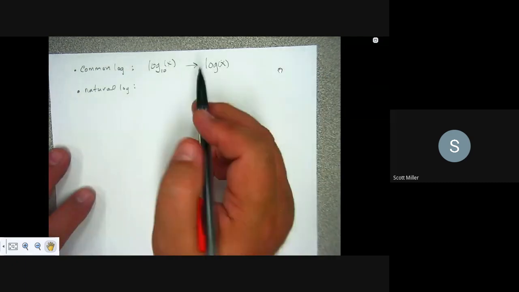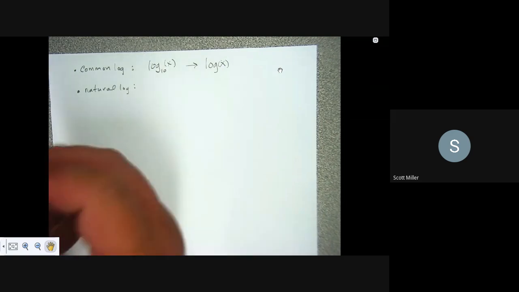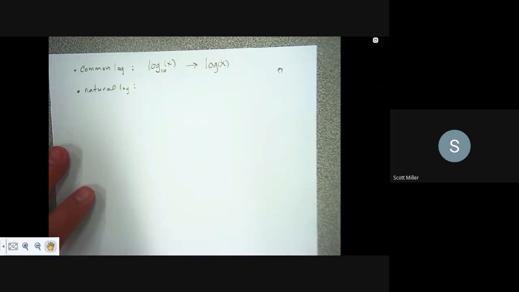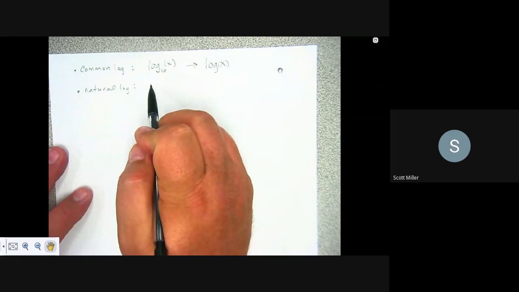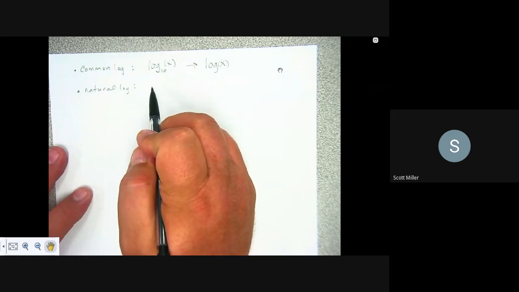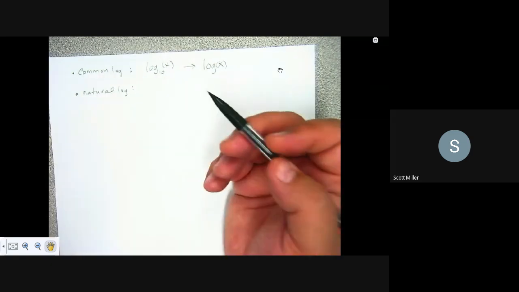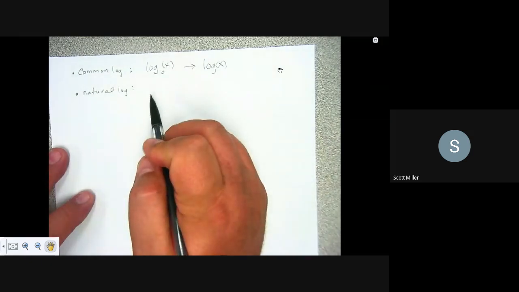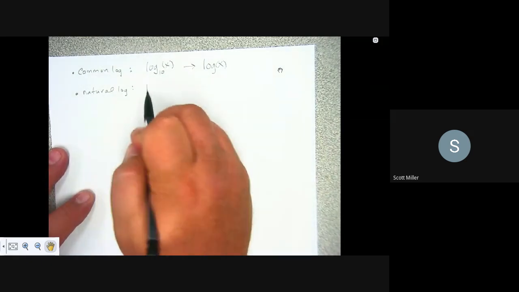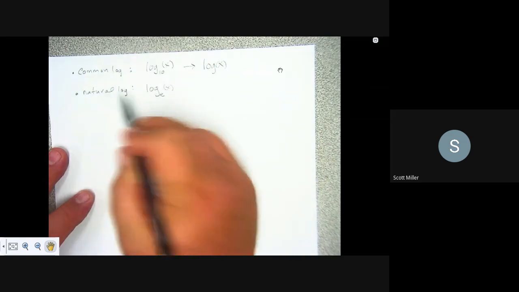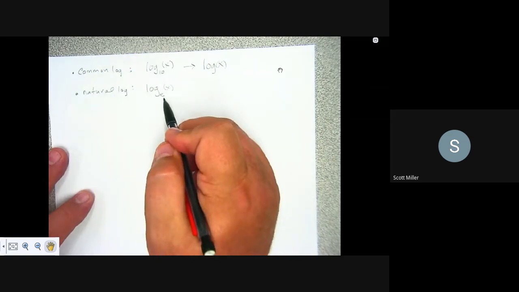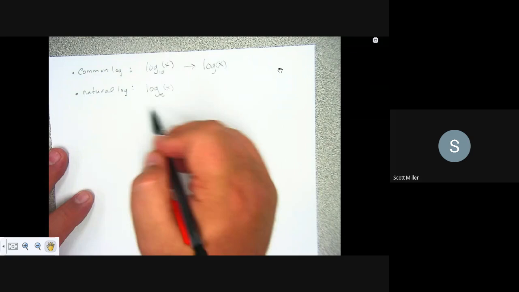The natural log, a lot of times they'll use a lowercase l, and I don't like that one because it looks like a 1, and some people confuse it for a capital I for some reason. So I use this, and this is log base e. So natural log would be a log with base e in it. They almost never write this.